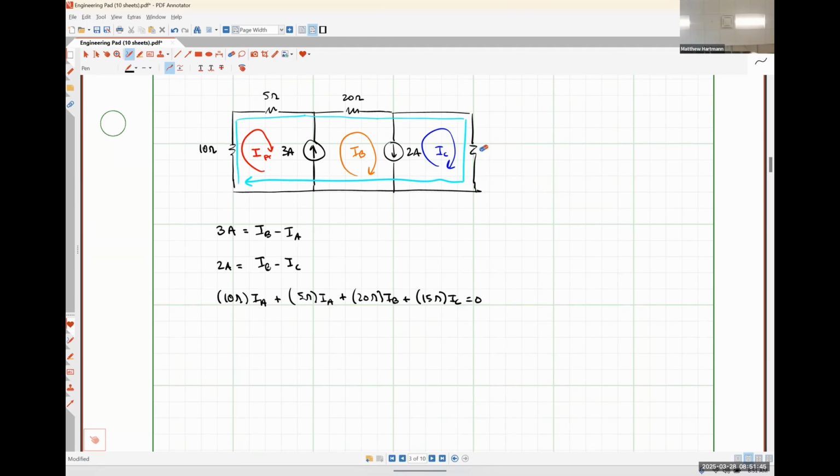What if this 15 ohm resistor over here were another current source? I'd have a third current relationship equation.